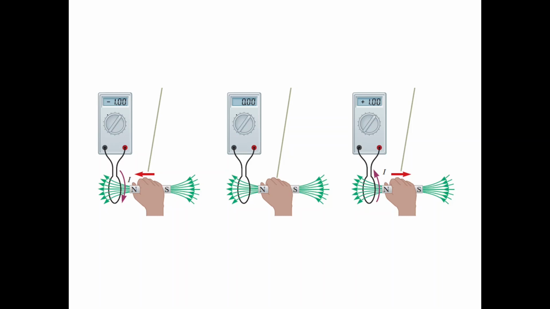If we switch this multimeter from voltmeter to ammeter mode, we will measure some induced current.